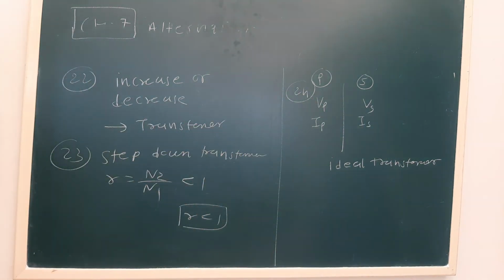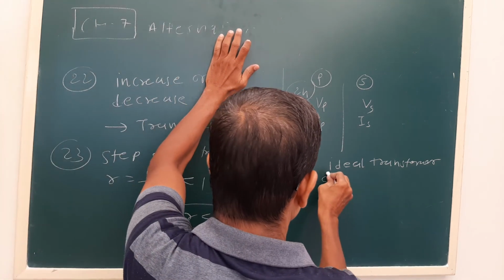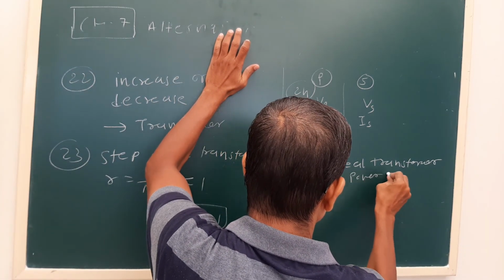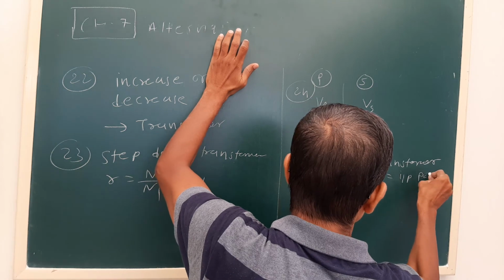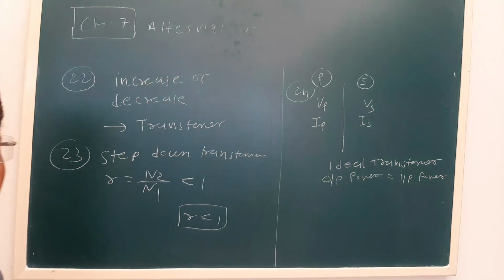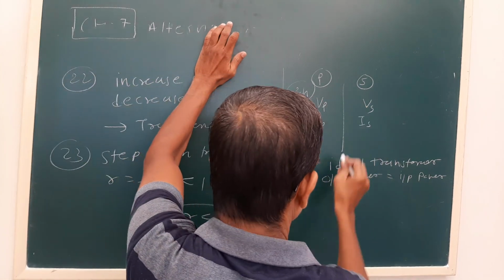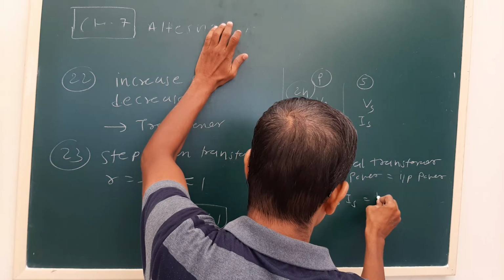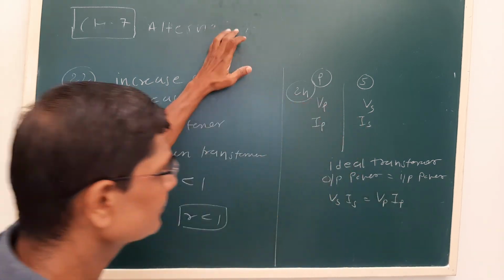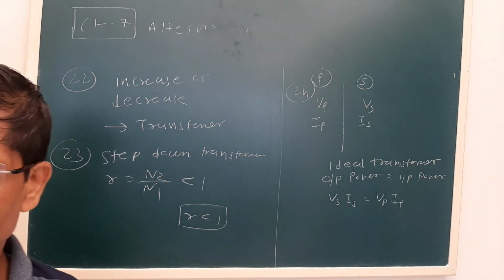Now we know in an ideal transformer the output power and input power are equal. We assume there is no loss in the ideal transformer, so the output power Vs Is will be equal to Vp Ip. Okay, so that will be our answer.